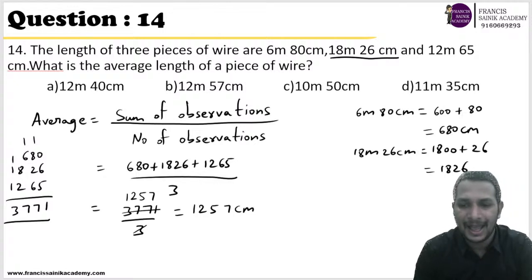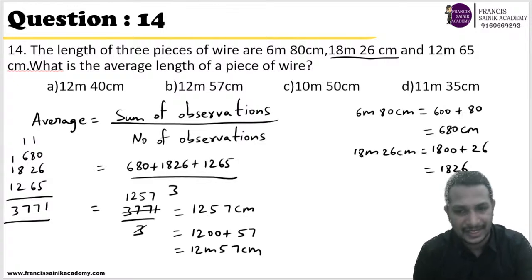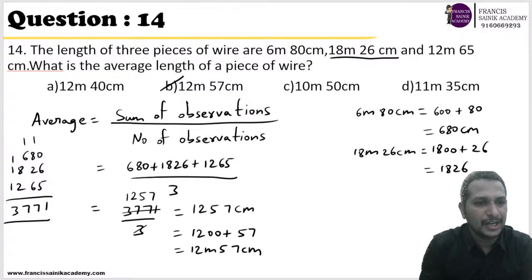But they gave the answer in a combination of meters and centimeters, so I can write this as 1200 plus 57, which is 12 meter 57 centimeters. Understood? The answer for this question is 12 meter 57 centimeters, which is option B.